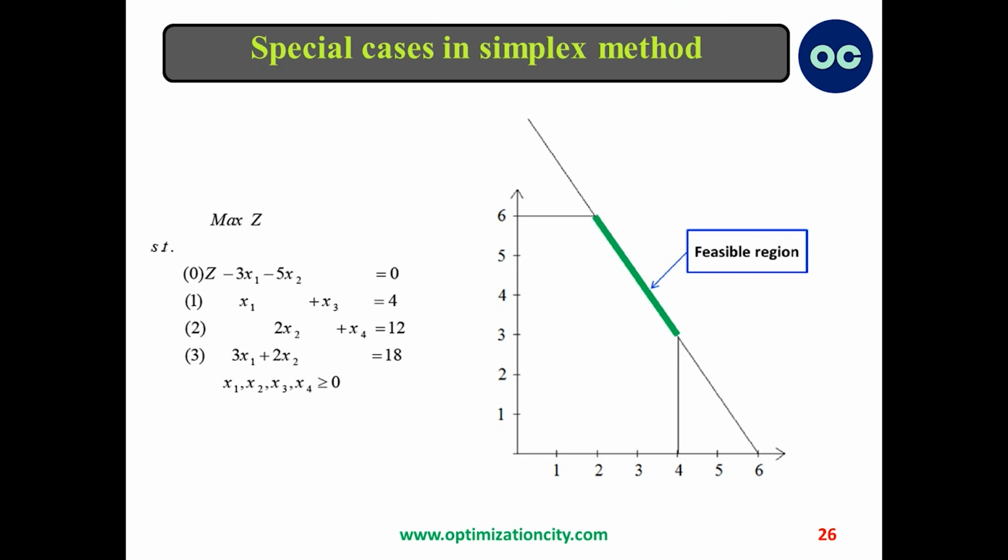The only change in the linear program model in this example is that the third constraint here becomes an equality constraint. So the new model will look like this, and we can have the visual representation of the model here. You can see that the feasible region is a line rather than a space.